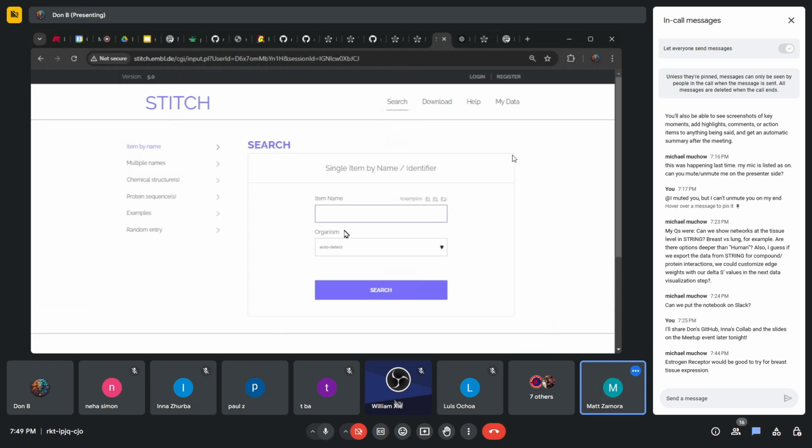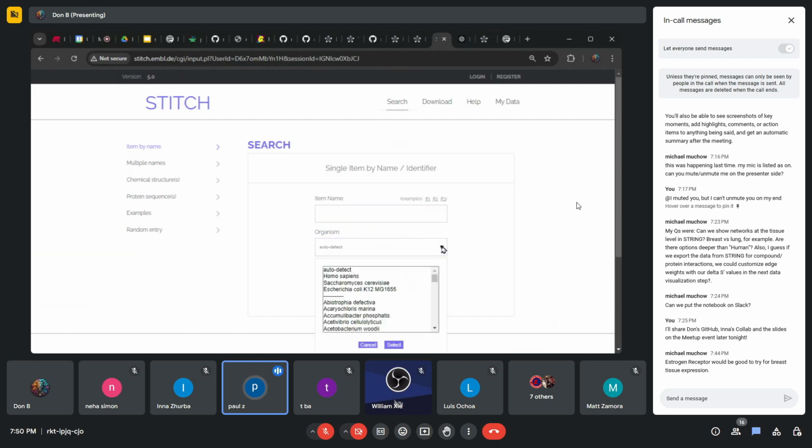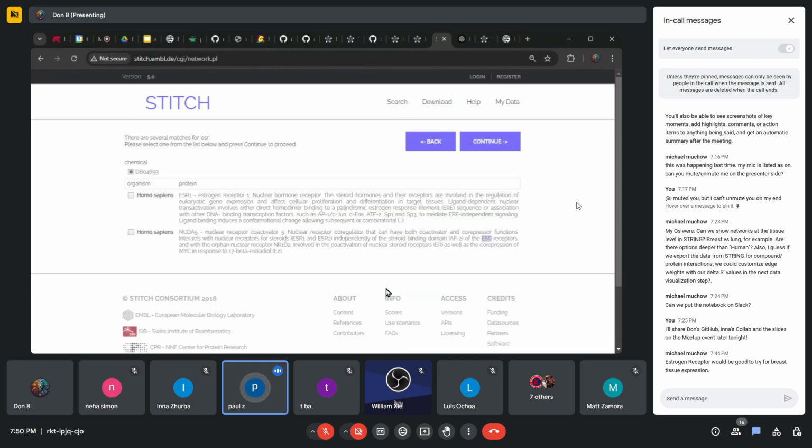Yeah, one of the reasons that Michael's question is very important is because different tissues or different cancers may use the same pathway in slightly different ways. They have a bias, a preference for a certain pathway.